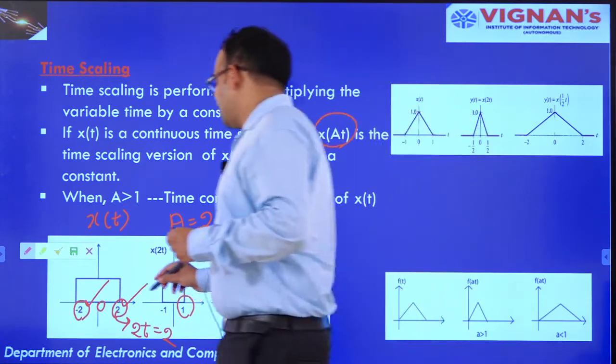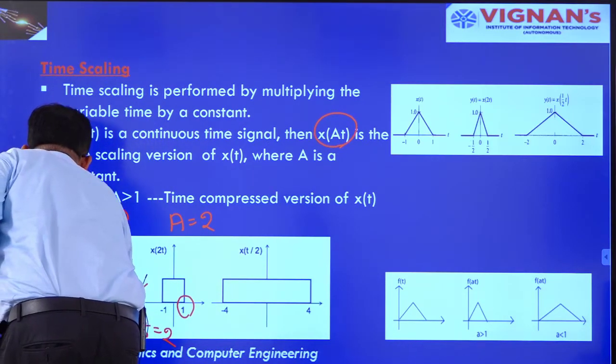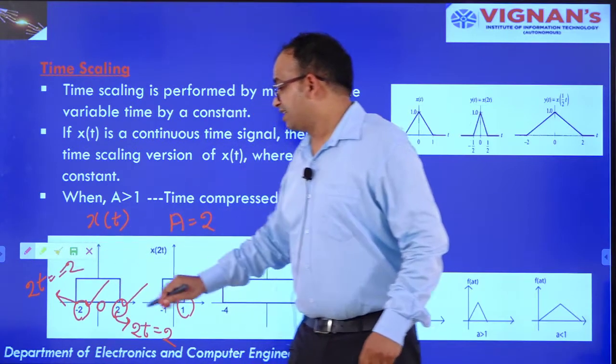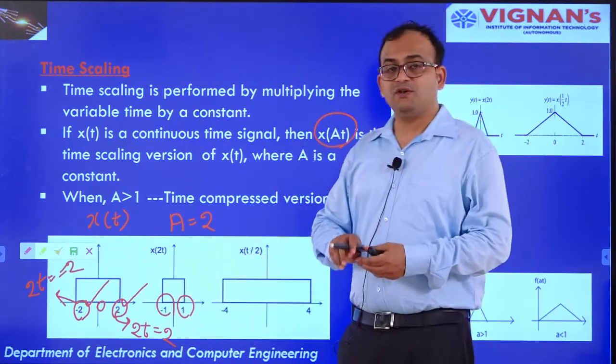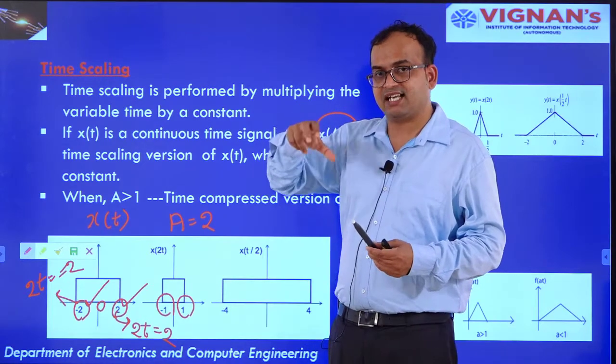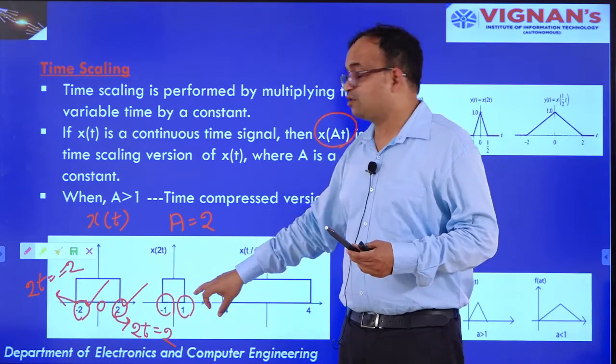Similarly, for this instant, we can take 2t equal to -2. So t is coming as -1. The new value of time of the signal is going from -1 to 1.